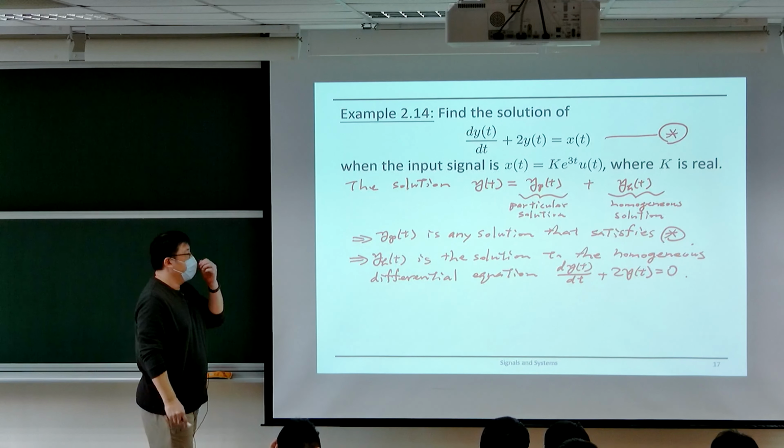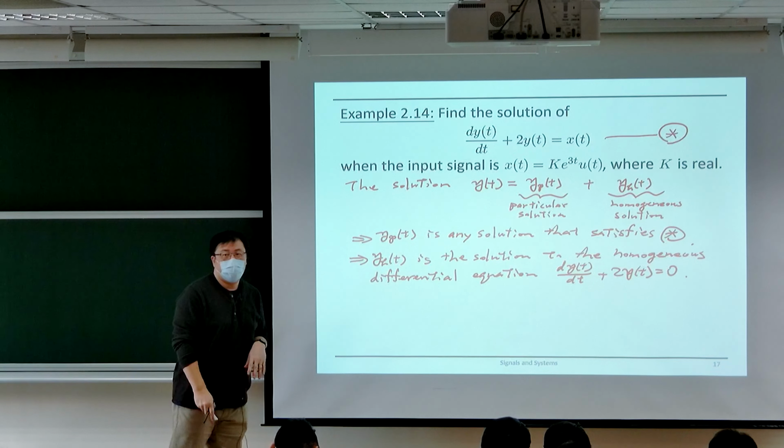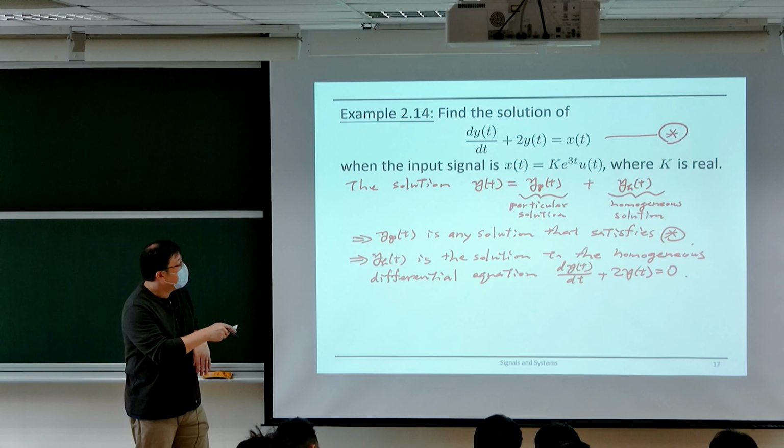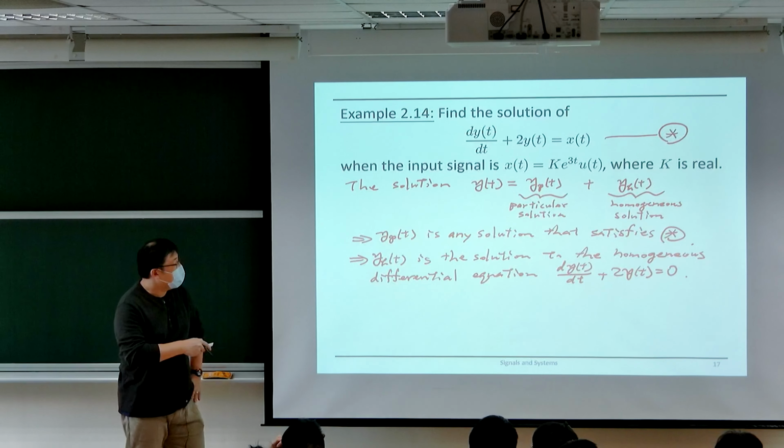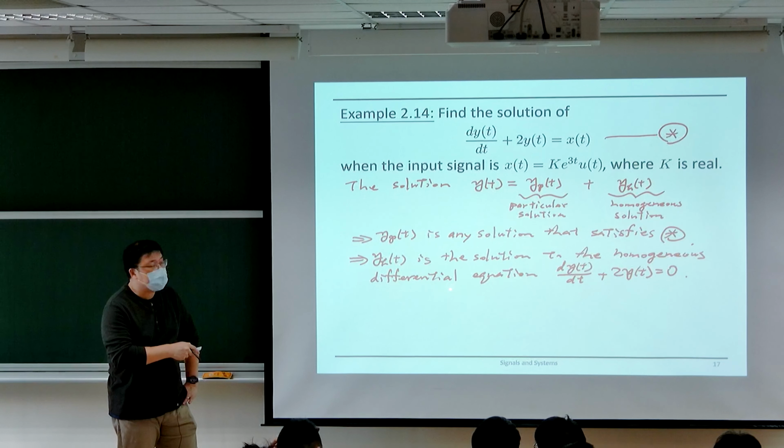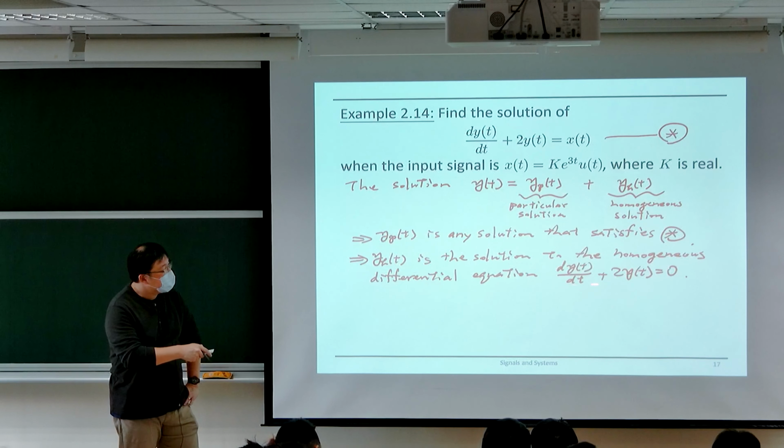So again, a particular solution, y sub p of t, is any solution satisfying this equation, and a homogeneous solution is any solution satisfying the same equation, but with 0 on the other side.